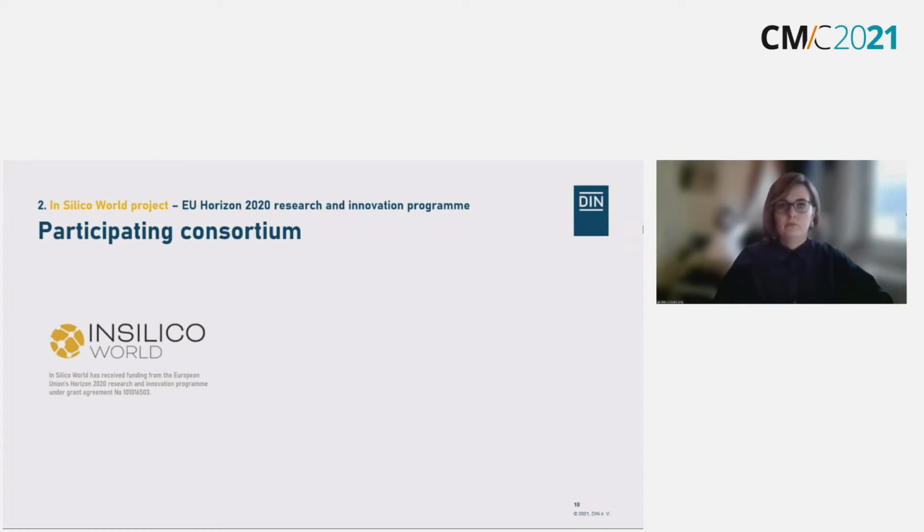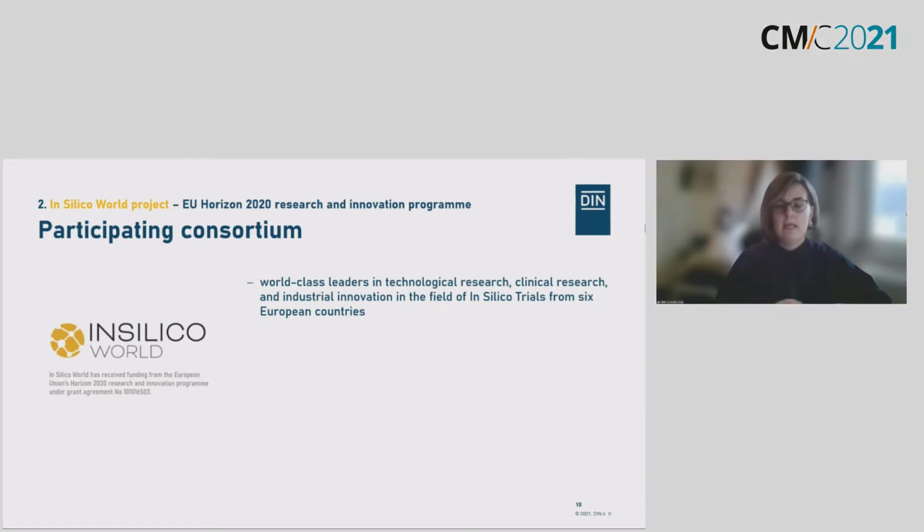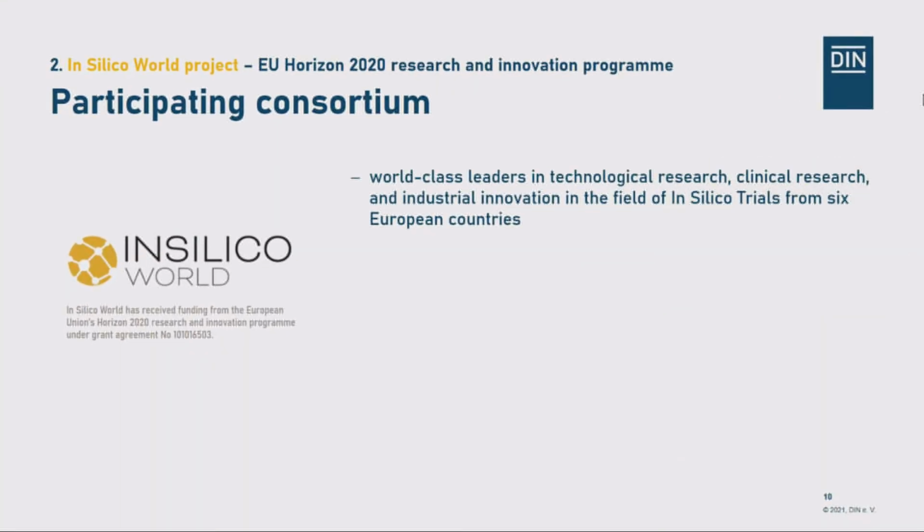But who is actually a partner within this project and currently working on implementing this vision and mission? The consortium is made up of a whole range of world-class leaders in technological research, clinical research, and industrial innovation in the field of in silico trials from 6 European countries: Italy, the Netherlands, Belgium, Hungary, Poland, and Germany.